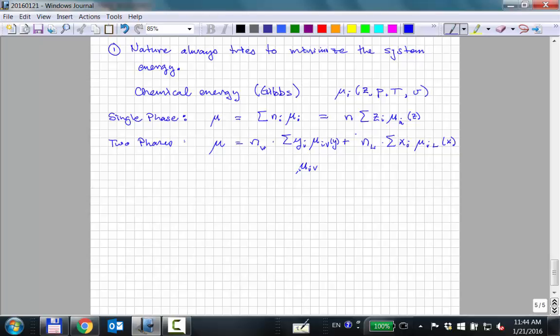That's fine. But then Tomboy is going to have to jump down into the liquid phase to keep the balance of how much is in each phase. Okay? But the energy of component I in the vapor has to be equal to the chemical energy of component I in the liquid. So that's kind of a constraint for the two-phase case.